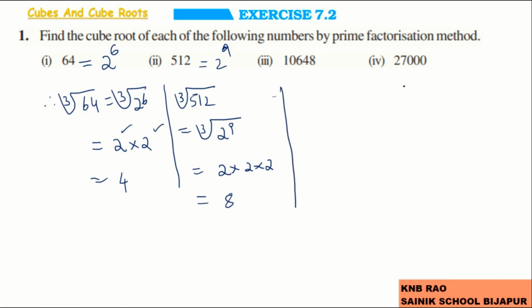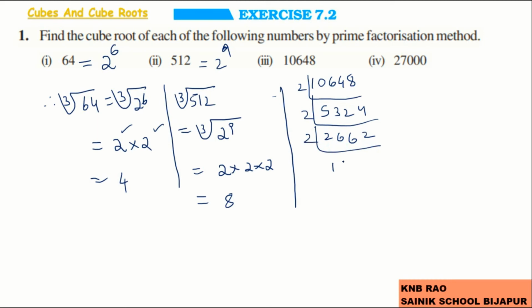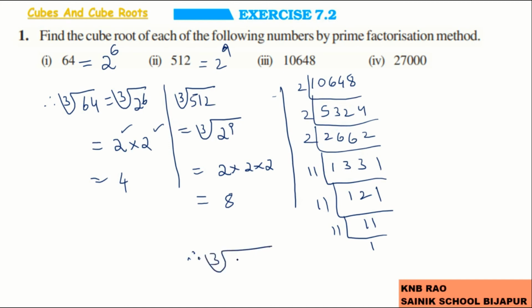And now 10,648. So when you prime factorize it, you get 2 cube into 11 cube. Therefore, the cube root of 10,648 is nothing but the cube root of 2 cube into 11 cube, which gives us one factor for each triplet.